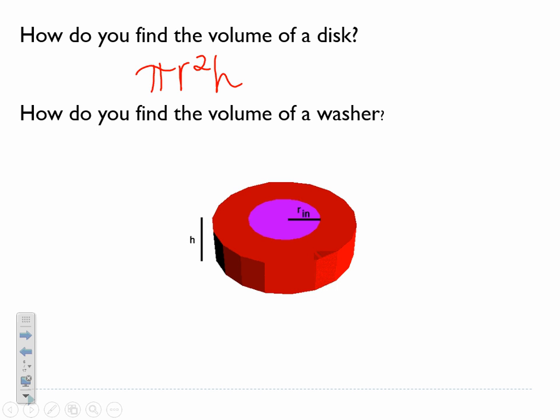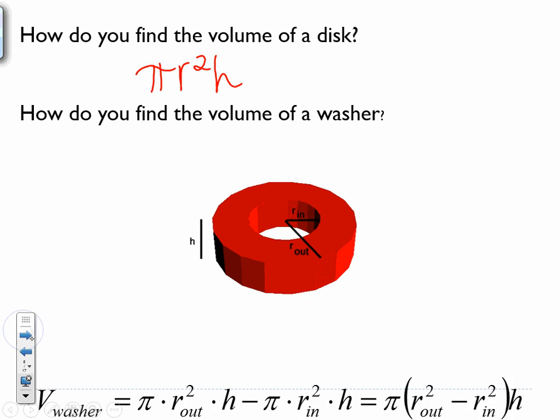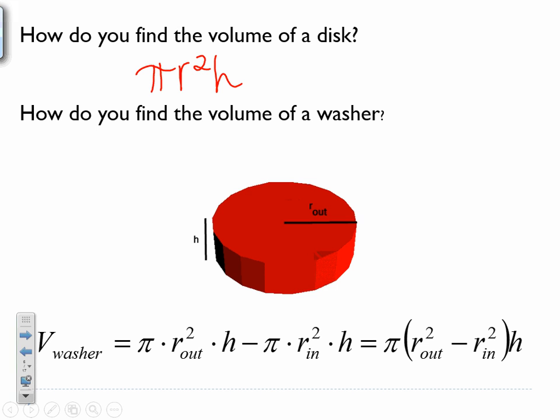So to find the volume of our washer, we're going to take pi r squared h and subtract pi r squared h. You'll see what I've done here is I have factored out the pi and the h, and I've just rewritten it like this. Everyone see my algebra in here?